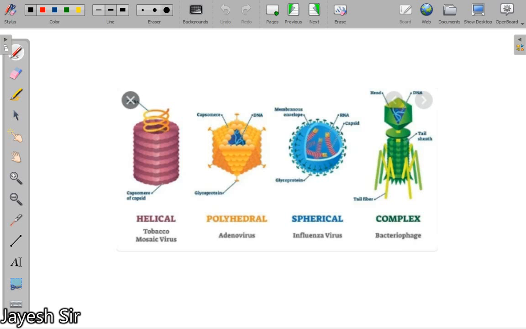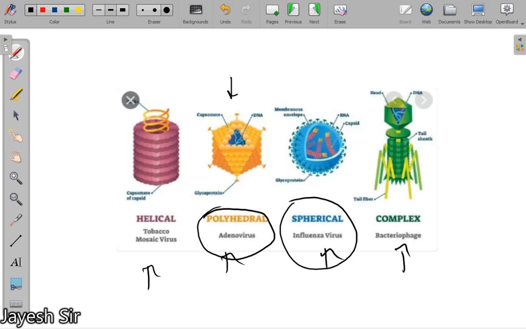See, these are all polyhedron and these are the shapes of different viruses. Okay, there is a virus, adenovirus, which is exactly shaped as a polyhedron. Okay, there is a spherical virus that is influenza, जुकाम खांसी वाला जो वायरस होता है. It is a helical virus, it is tobacco-mosaic virus.